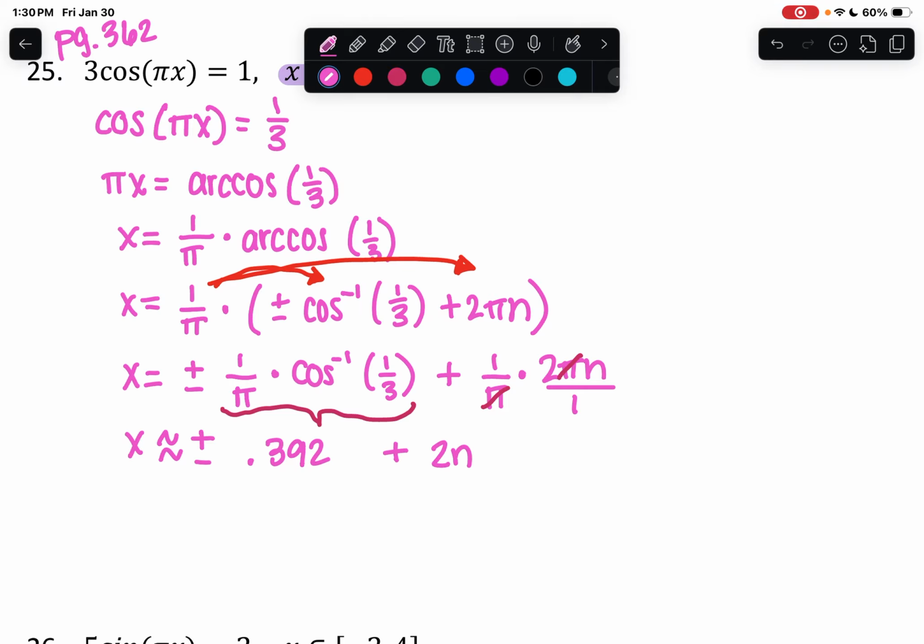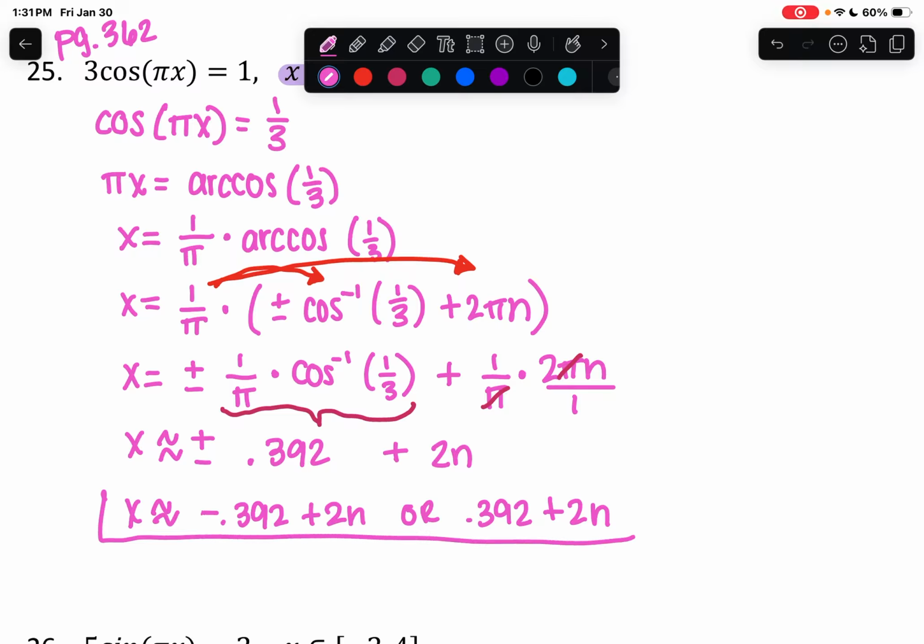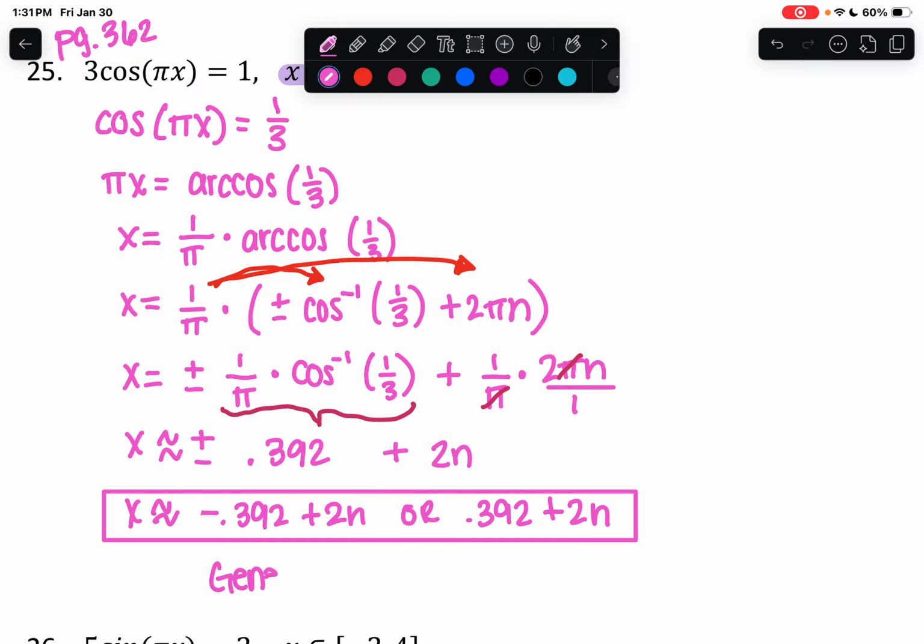And then to find our general solution, we have x is about negative 0.392 plus 2n, or 0.392 plus 2n. And box that in and call that your general solution.